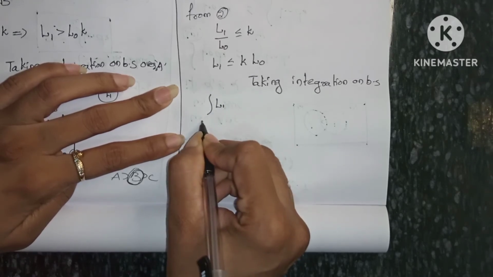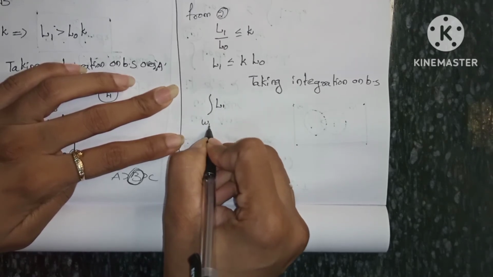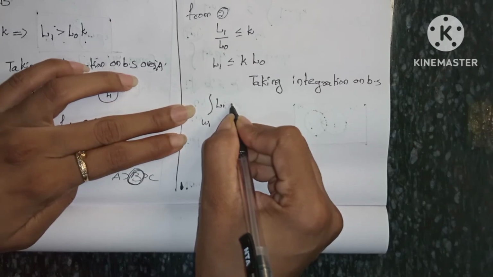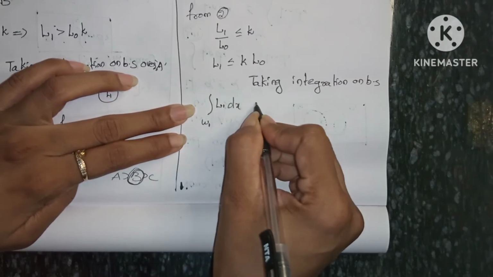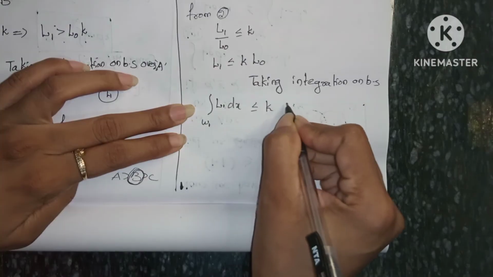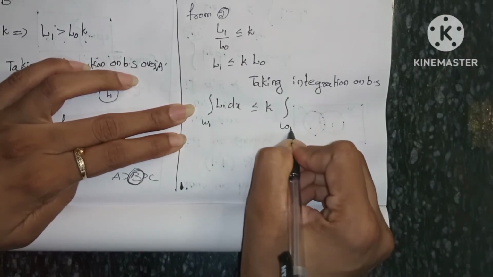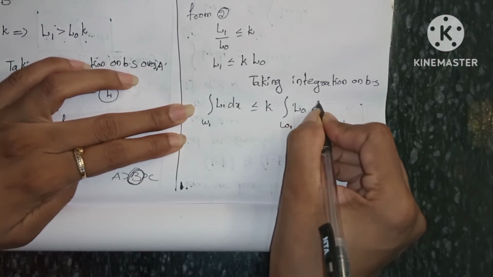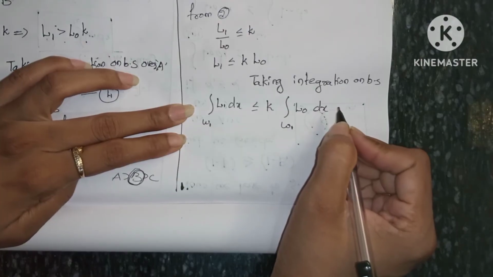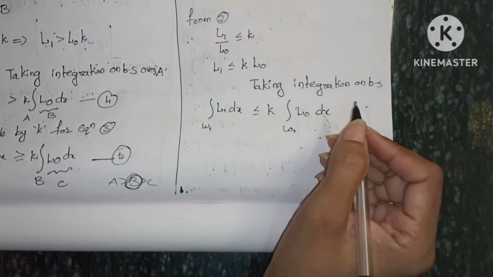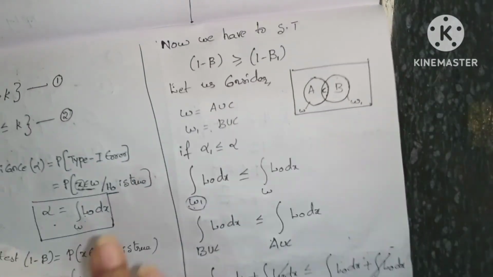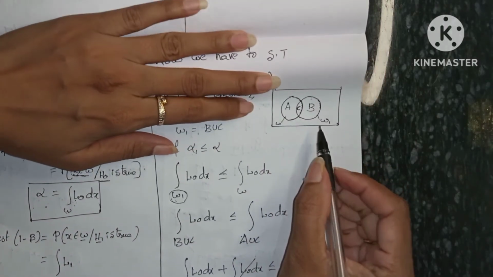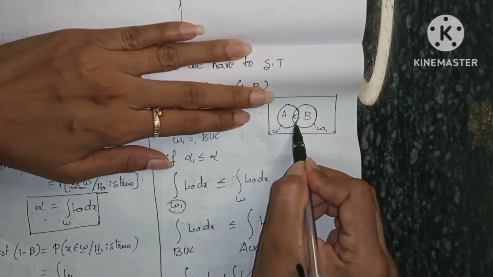So integration over omega 1, this set is omega 1, no? L1 dx less than or equals to K into integration omega 1 L0 dx. Okay, so if you see from the Venn diagram, what is omega 1? Omega 1 means only this part.